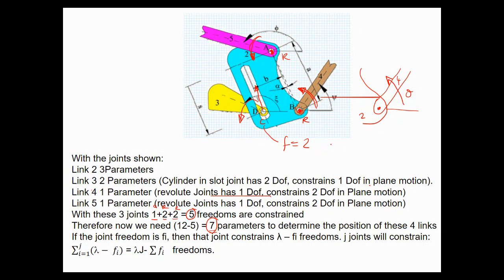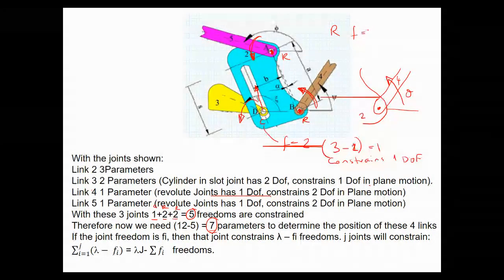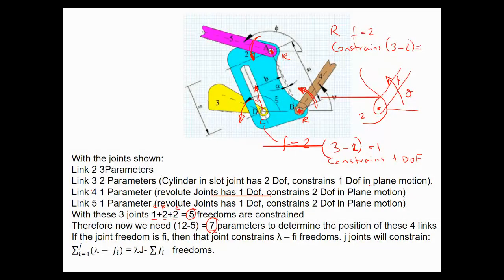So the constrained degrees of freedom is 3 minus 2, which is 1. So it constrains 1 degree of freedom. Whereas the revolute joint has an F of 1, so it constrains 3 minus 1, 2 degrees of freedom.